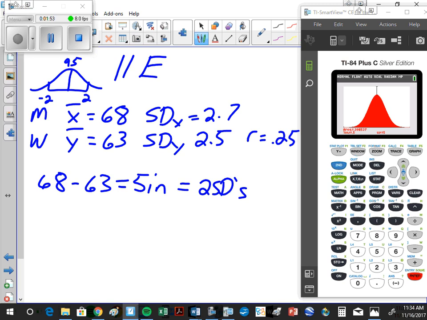So the right tail would be, this over here is 2.5%. So the answer is 2.5. It said over. It says what percentage were over 5'8". So that would be 2.5. Only 2.5% of the women are over 68 inches.